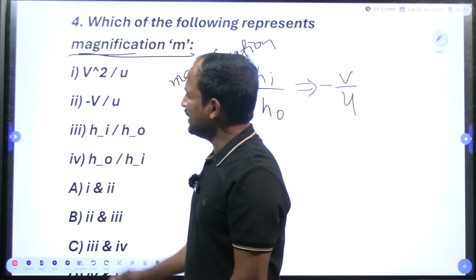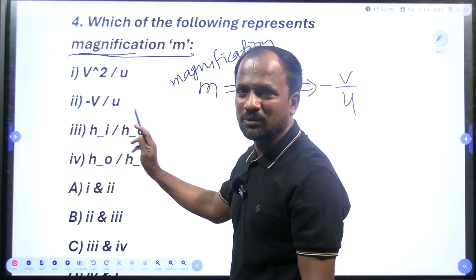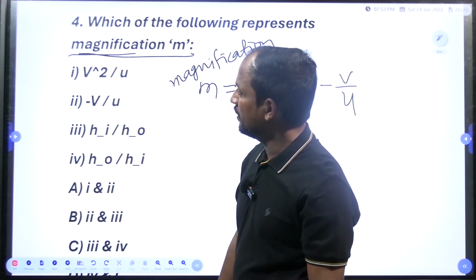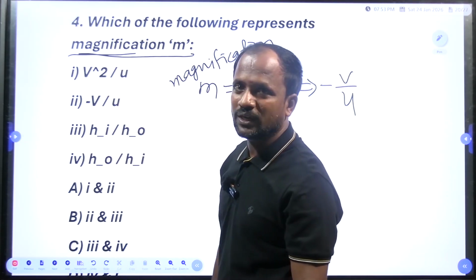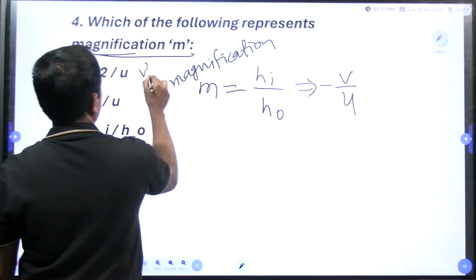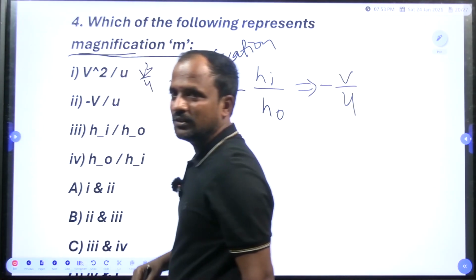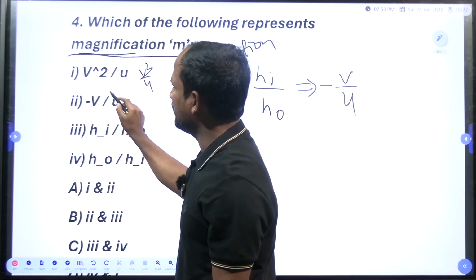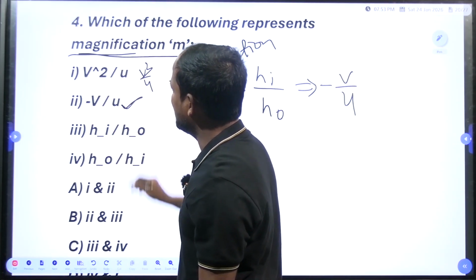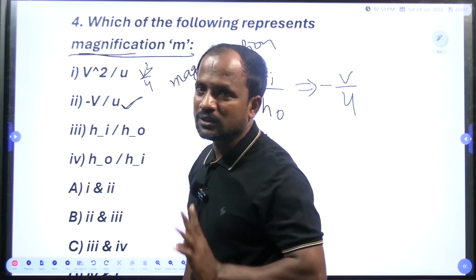Observe here, multiple options are given. Option v square by u, then v by u, wrong. Next, minus v by u. Yes, this is correct.